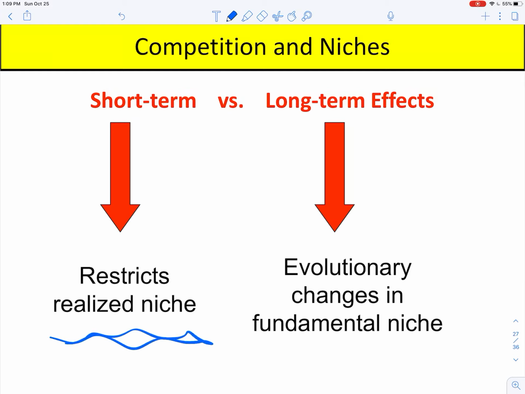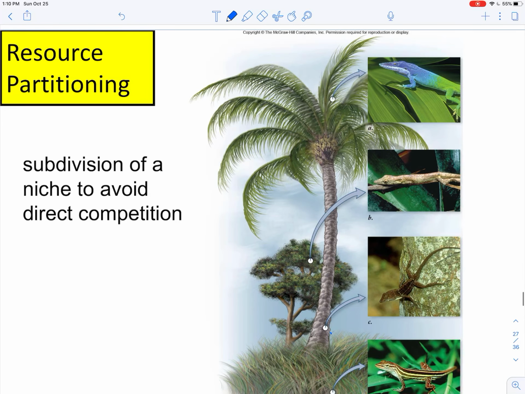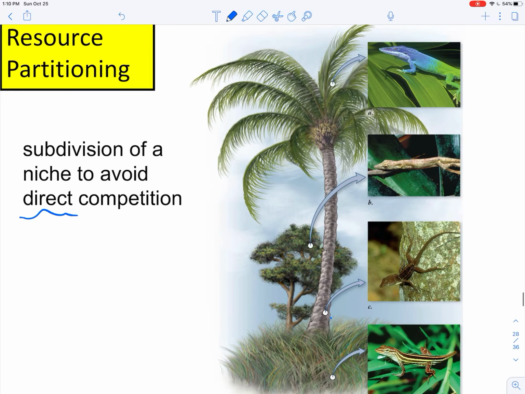So I said I wanted to define resource partitioning and character displacement in a little bit more detail. Resource partitioning can be defined as subdivision of a niche to avoid direct competition. An example that we can think about is the evolutionary past of Anolis lizards.